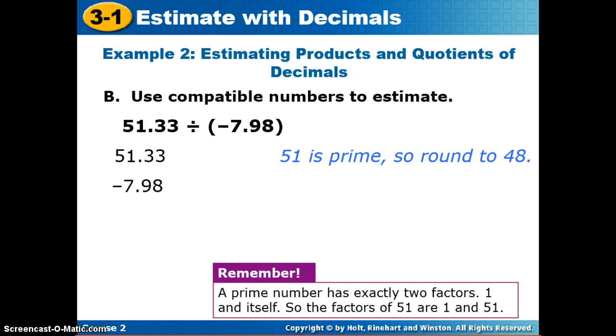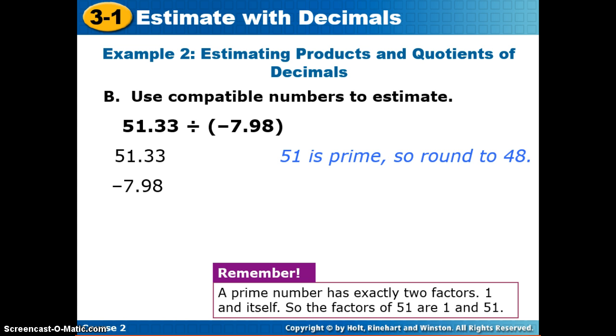You want two numbers that when you divide, we get a whole number as an answer. 51.33, we can round to 51, and negative 7.98, we could round to 8. However, is 51 divided by 8 going to give us a whole number? Unfortunately, it is not. So we're going to have to take that 51.33 and round it either down or up a little bit so that we get a number that is divisible by 8.